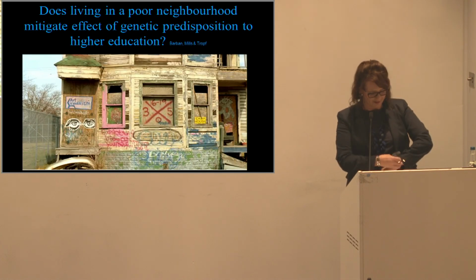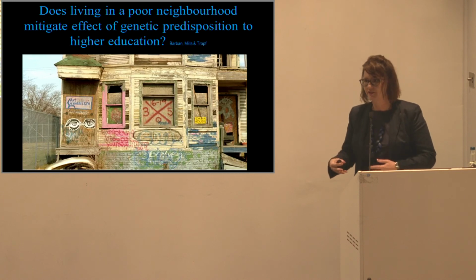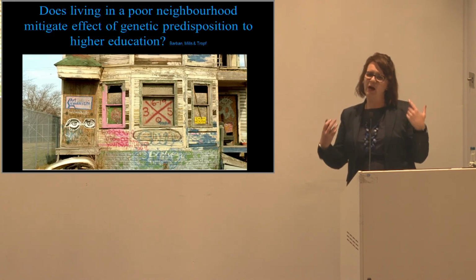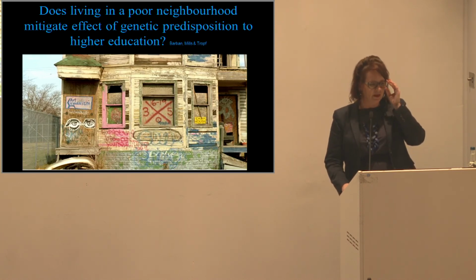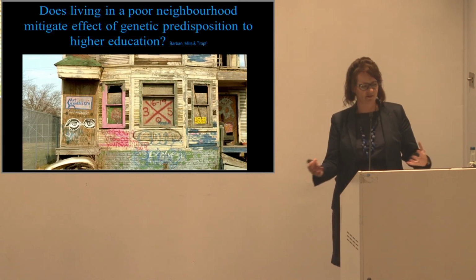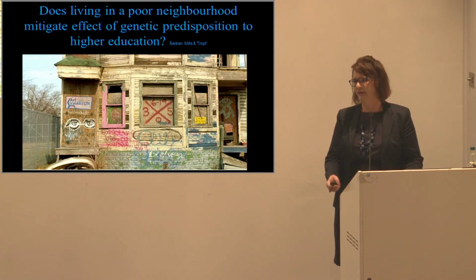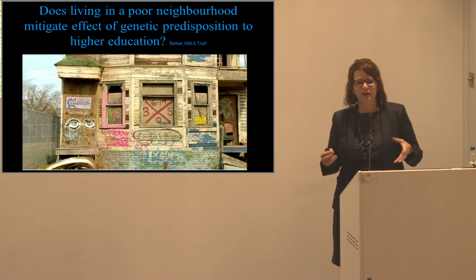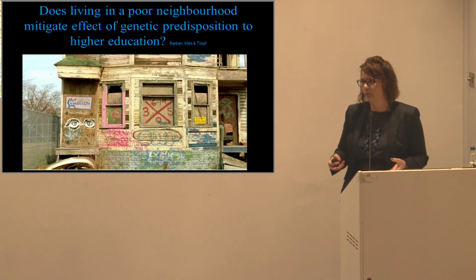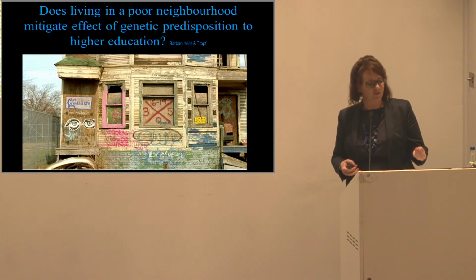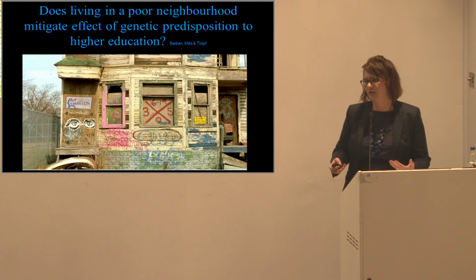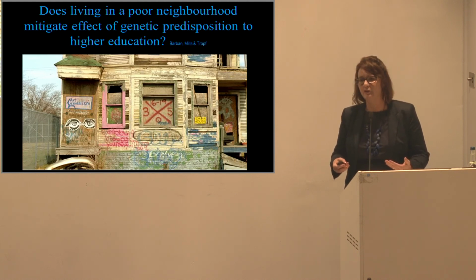Then I'll just try to conclude here with another example of how we're looking at things differently. We wanted to look at the neighborhood and also individuals living within a low socioeconomic environment. We wanted to see if living in a poor neighborhood mitigates the genetic predisposition you might have to higher education.